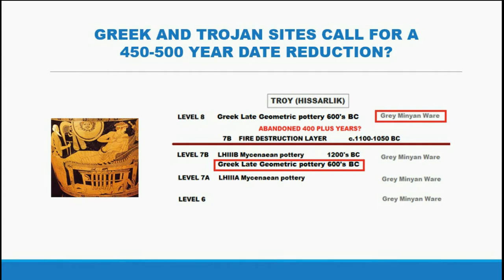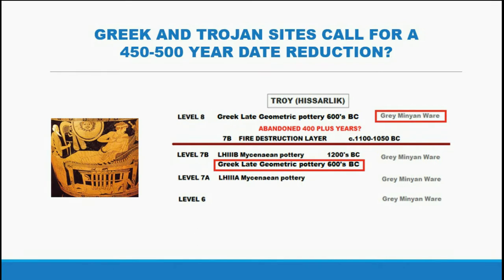Above it was found Greek late geometric pottery dating from the 600s BC. Below it was late Helladic 3b pottery of the Mycenaean period, usually dated to 1200 BC. It is believed that the site was abandoned for centuries before being inhabited again. And this is the typical way that sites are interpreted in Greece and Western Turkey.